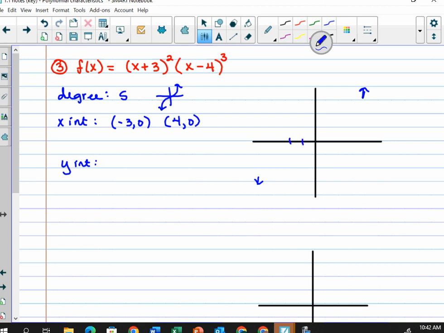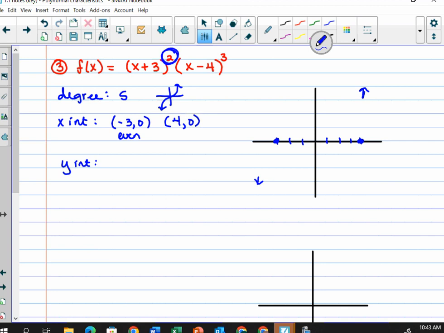So 1, 2, 3, put a dot. 1, 2, 3, 4. And I like to draw the whole graph and then go back and figure out my y-intercept because I'm just going to label wherever it was anyway. So I need to look at the multiplicity on these 2 x-intercepts. The -3, 0, that has even multiplicity.